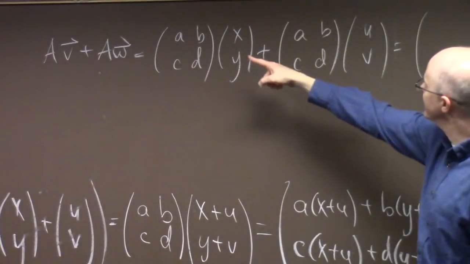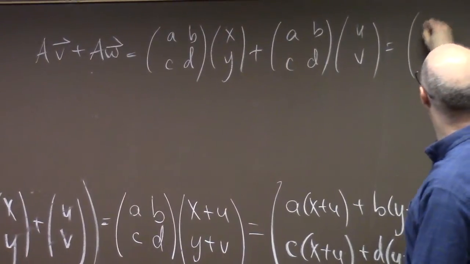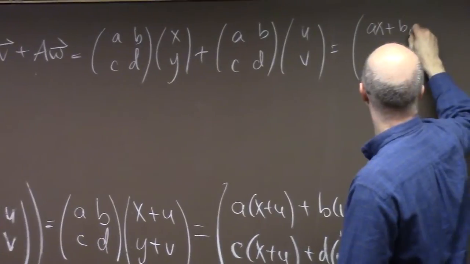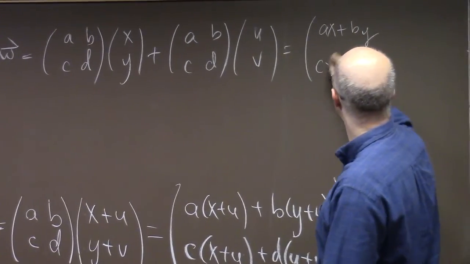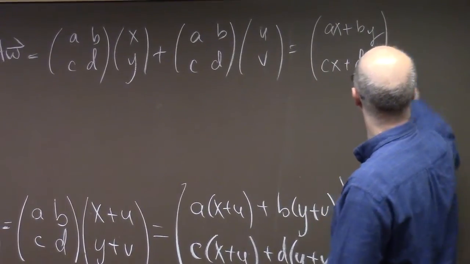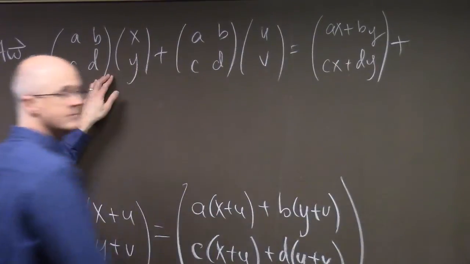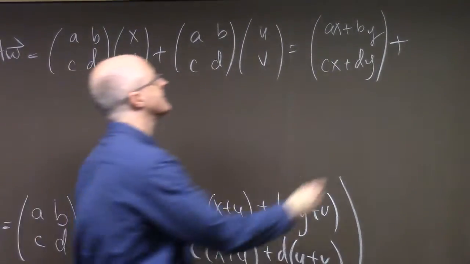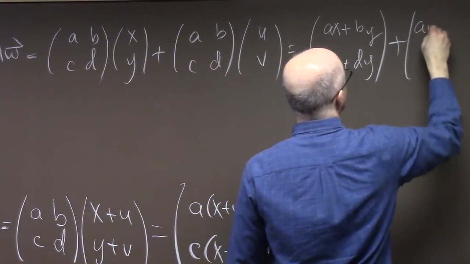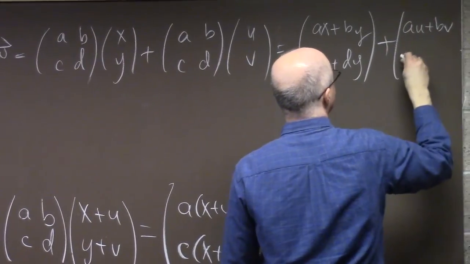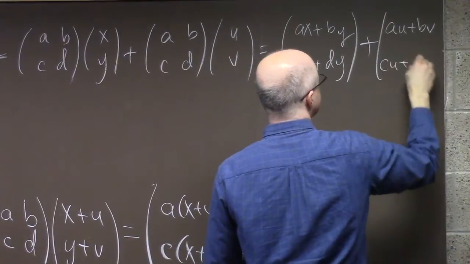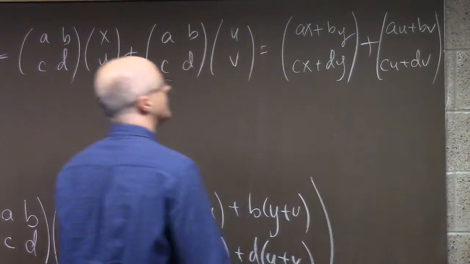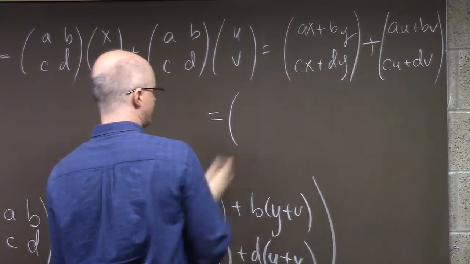Do the multiplication. Hopefully you can do that pretty quickly now. ax plus by, cx plus dy. That's this product right here. Now do this product. au plus bv and cu plus dv. Now add those vectors.